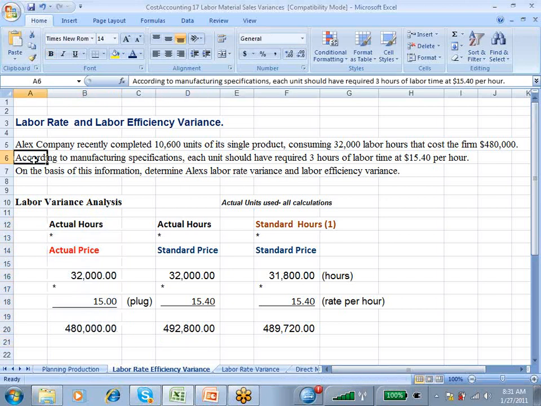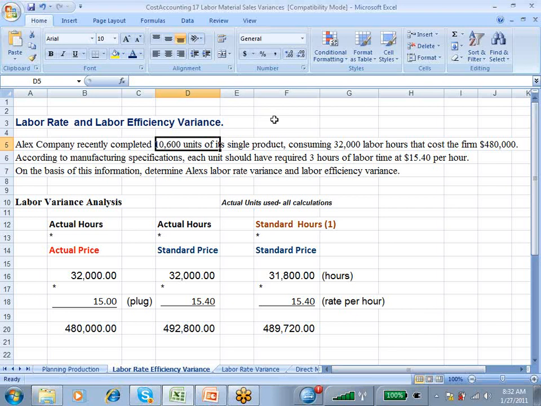Let's read on. According to manufacturing specifications, each unit should have required, should have meaning what we planned, 3 hours of labor at $15.40 an hour. Now this is where people get tripped up. The sentence says for each unit there's a certain number of hours of labor time, but note in the sentence above that we produce 10,600 units.